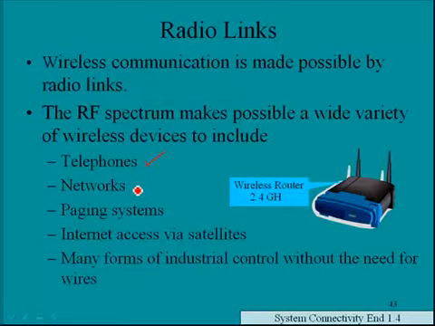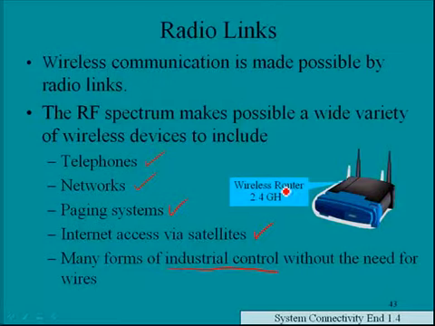We have wireless networks, paging systems, internet access via satellites, and many forms of industrial control are now without the need for wires. So these industrial control devices are controlled wirelessly.